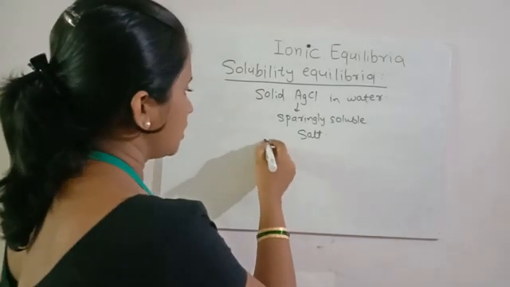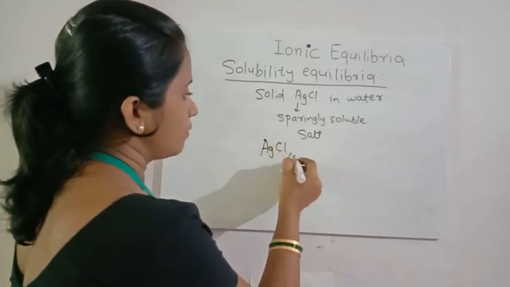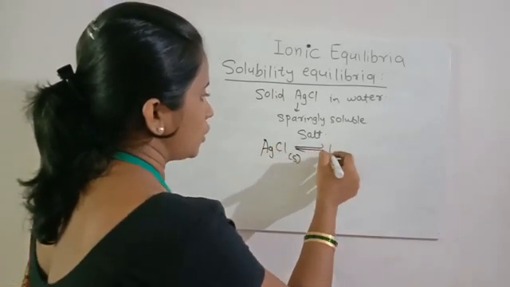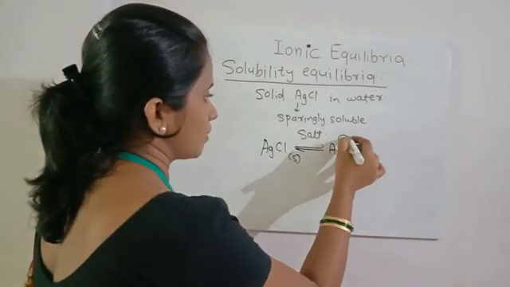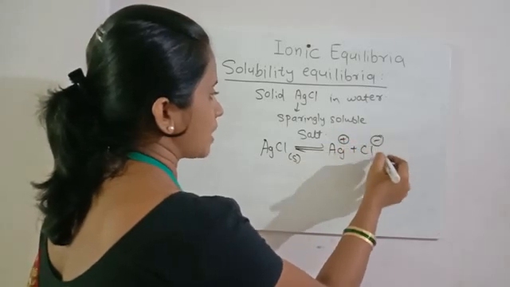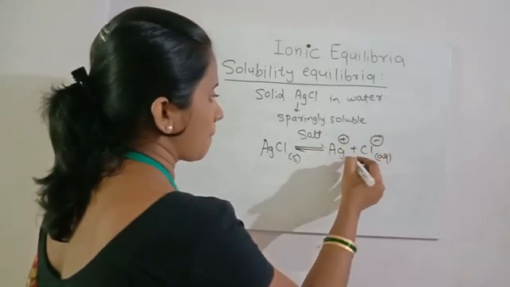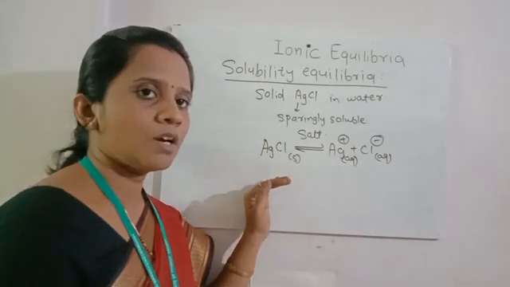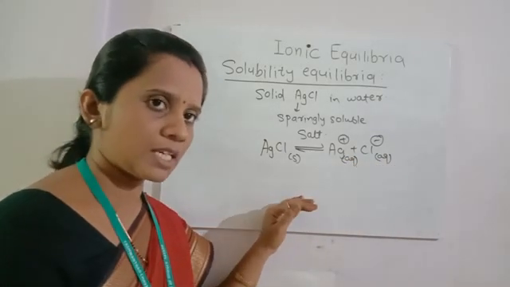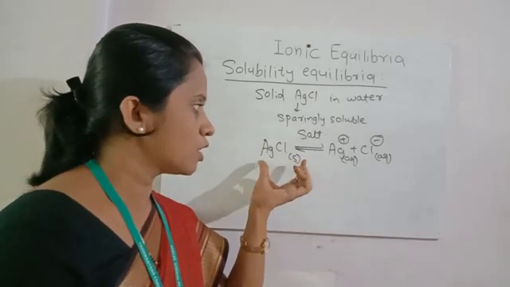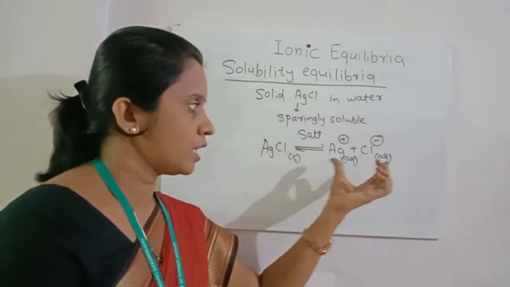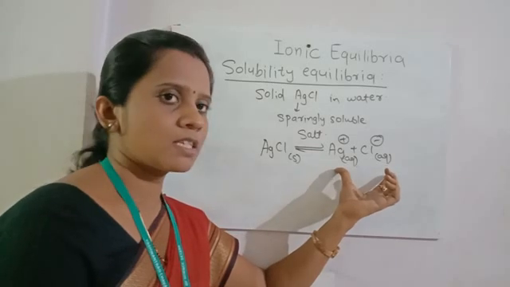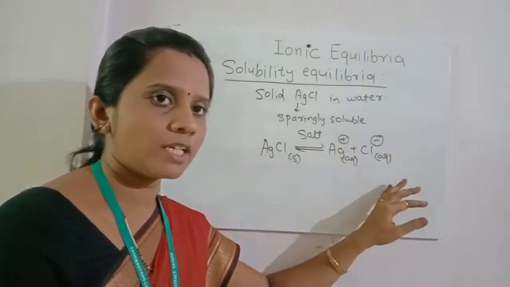So AgCl solid will give Ag plus ions and Cl minus ions in water. So a dynamic equilibrium exists between solid AgCl and ions present in the saturated solution.